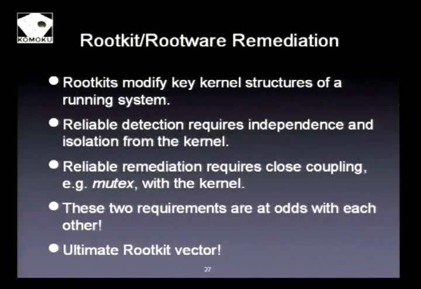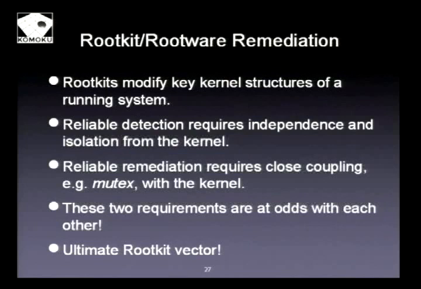So how can you take this unstable system and bring it back into stability? I mentioned in the last slide that you want to have independence and isolation as much as possible from the running system to detect the rootkit. Now, in order to make any changes to the running system, you need to have very, very close coordination with that system.